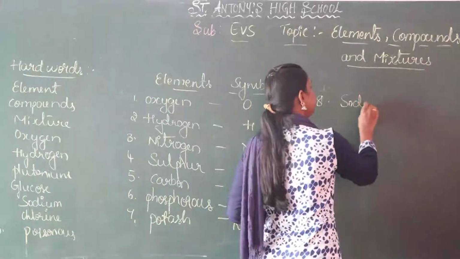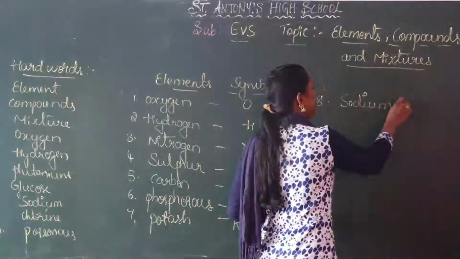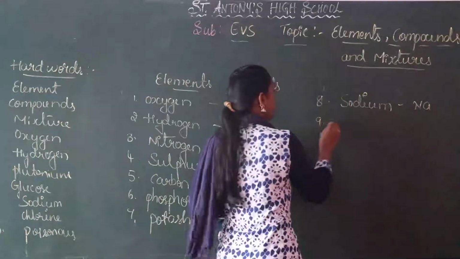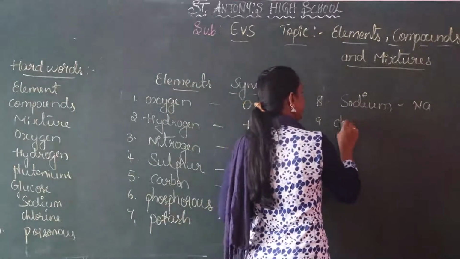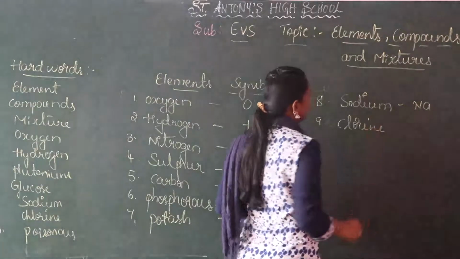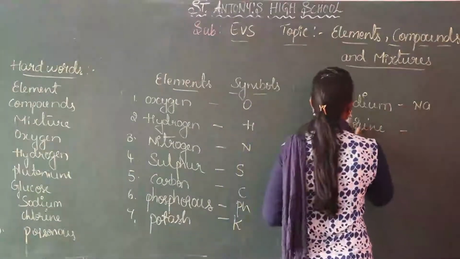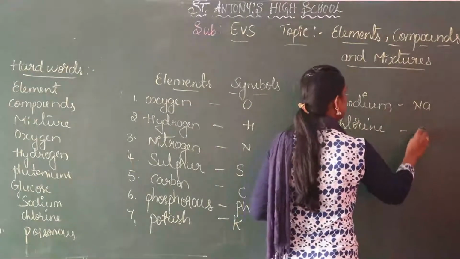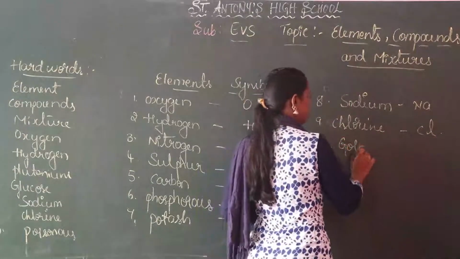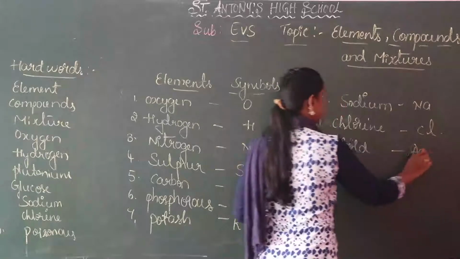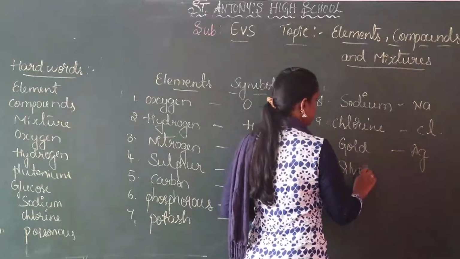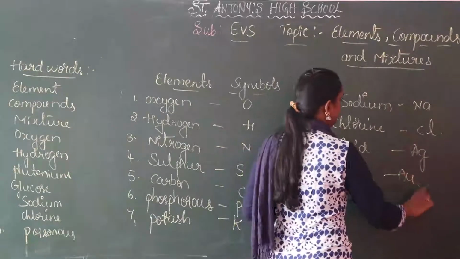Next, I will write the eighth one, sodium. The symbol for sodium is Na. Next, chlorine. Chlorine symbol is Cl. Next, gold, Au. Next, the 11th one, silver, Ag.